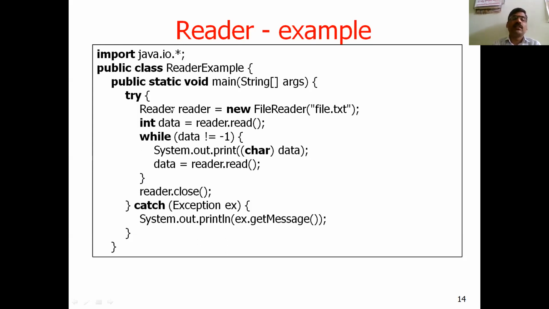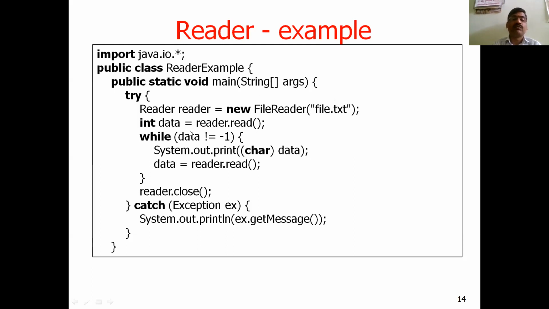I am creating a Reader object: Reader reader equals new FileReader, with some input file, here file.txt. That means I would like to read the data from this particular file. Then int data equals reader.read. It will read the data from the file.txt file.